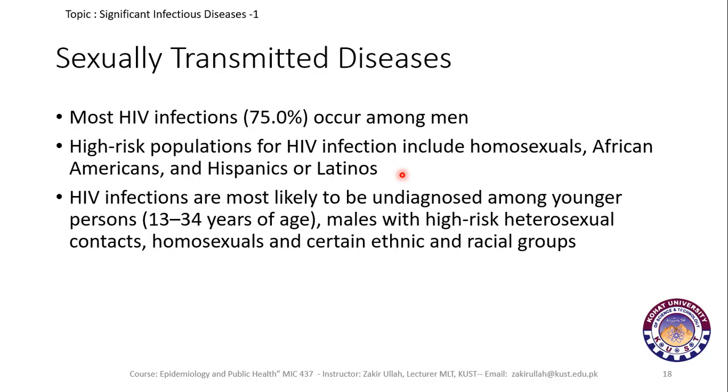So this is the issue with HIV, that it hides inside the person, and the incubation period may be up to 10 years or more within these persons and these groups, and they remain undiagnosed for many years.